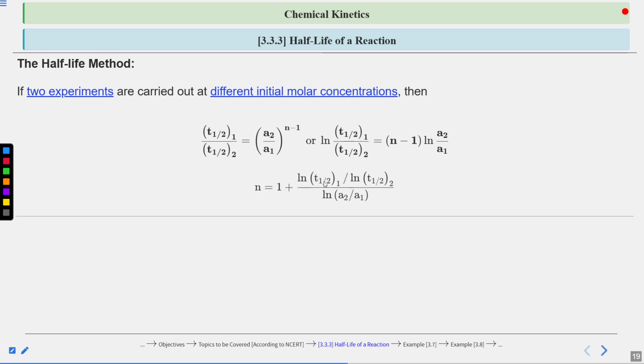And from here you can see that n, that is the order of the reaction, is going to be equal to 1 plus ln of (t_half1 by t_half2) divided by ln of (A2 by A1). So this is the expression you are going to get for the order of the reaction using the half-life method, where we consider the half-life for two different molar concentrations, and then you find out the value of the order.